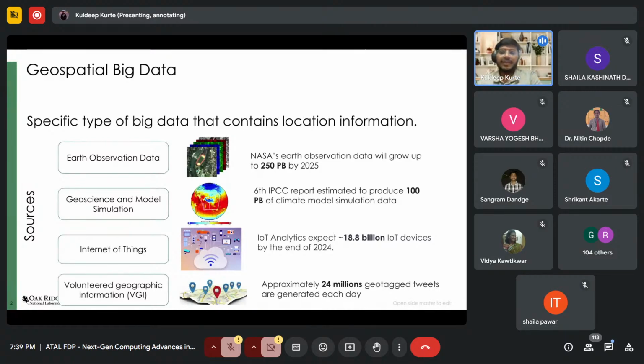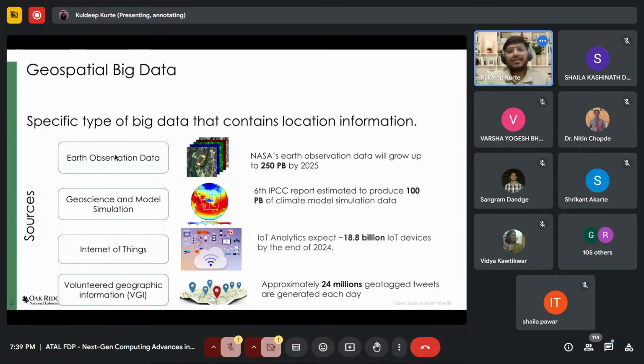If you tag your tweet, it is geospatial information. Approximately, as of now, it is estimated that over 24 million geotagged tweets are being generated every day. That is again a lot of geospatial data.